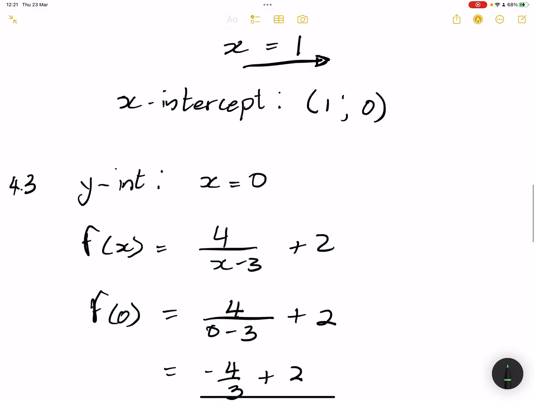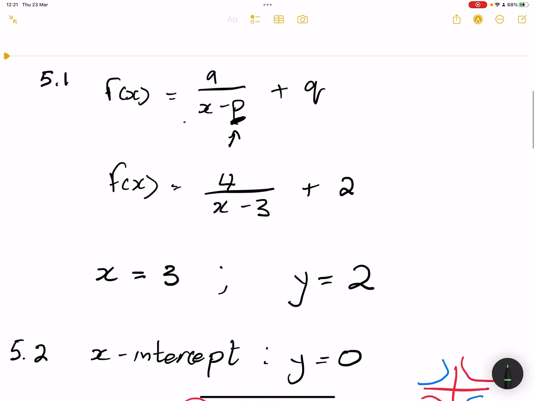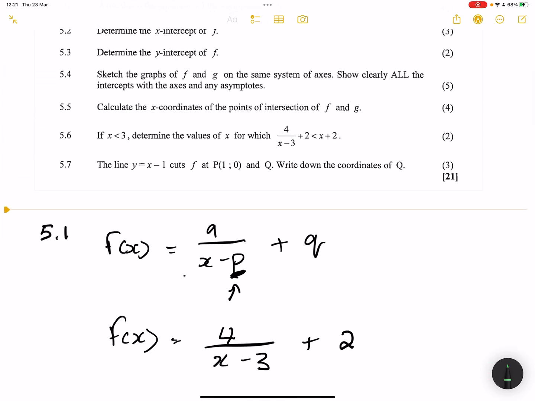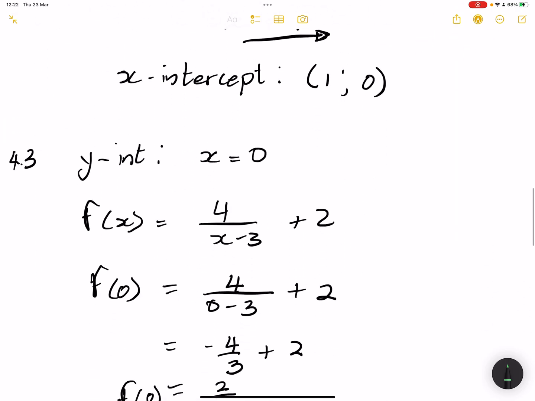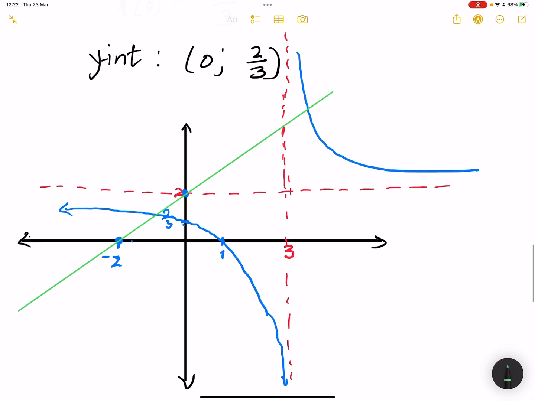So now we are looking at the next question. They say to us, calculate the coordinates of the points of intersection of f and g, right? So they want us to calculate those. So we want to know where they are going to intersect.